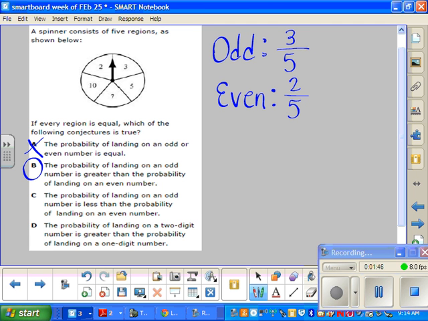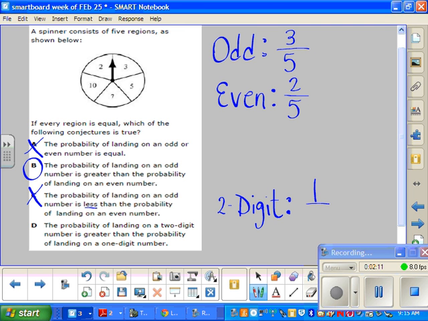C, the probability of landing on an odd number is less than the probability of landing on an even number. But as we see above, that's incorrect because the odd has a greater number than the even. D, the probability of landing on a 2-digit number is greater than the probability of landing on a 1-digit number. So let's write this out. 2-digit.